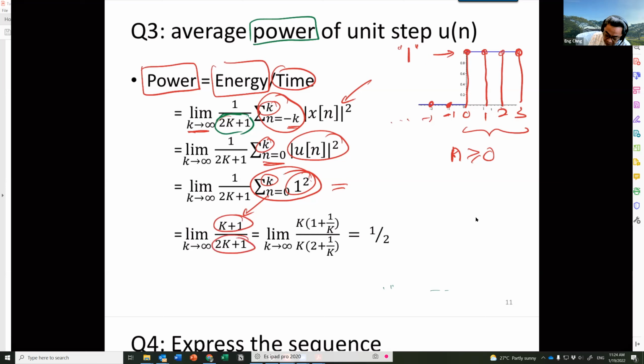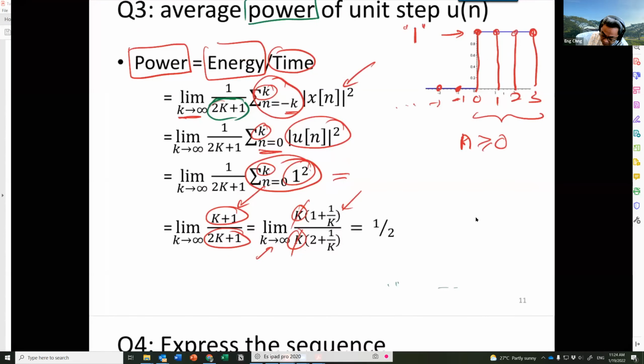Bottom, we have 2k plus 1. We divide the top and bottom by k. So we bring the k out and we can cancel them. Now, this allows us to set the limit from k to infinity. So these terms disappear. And the answer is the power is half.